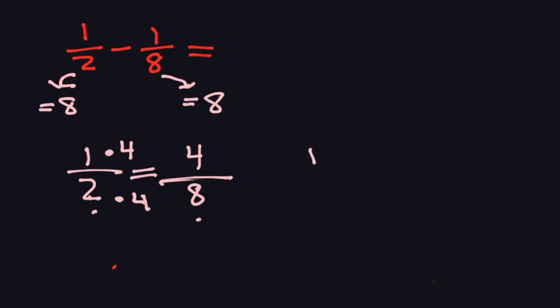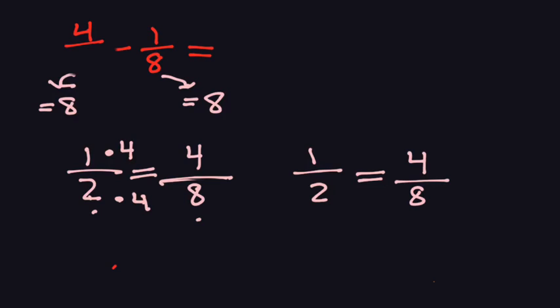So now we know 1/2 is equal to 4/8. They're essentially the same thing, 1/2 and 4/8. So now we can set our 1/2 right here equal to 4/8. So now we have a common denominator, 8 and 8.